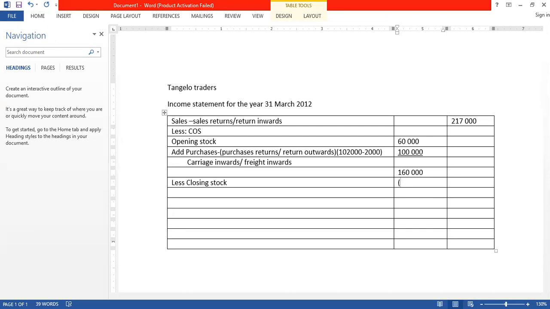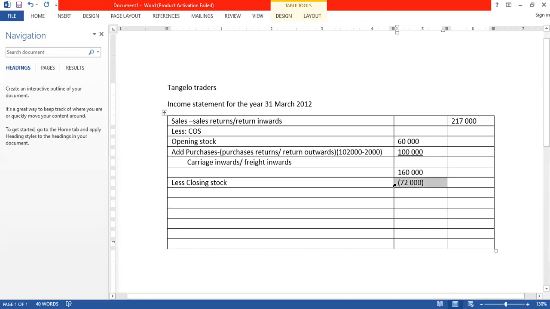So how much was our closing stock? If you check down there, the additional information, our closing stock was 72,000.